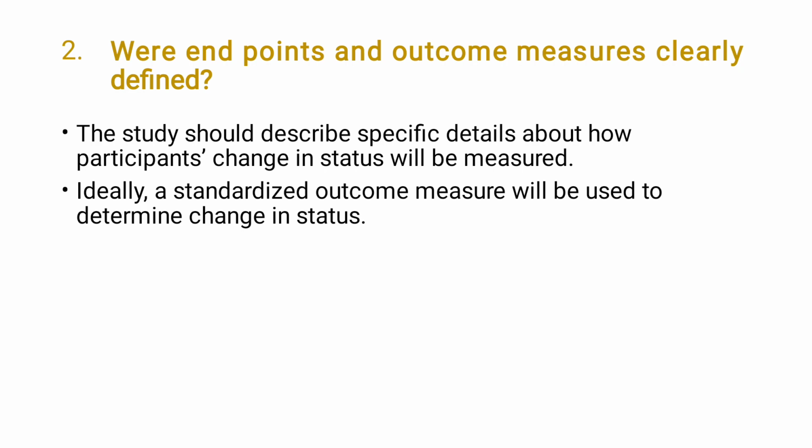Standardized outcome measures can be of different natures. For example, for pain, we use the numeric pain rating scale. For disability, we mostly use the Oswestry Disability Index. For range of motion, goniometers and clinometers can be used. So these are all standardized outcome measures which can be used to measure our outcome of interest at the end point of the study.